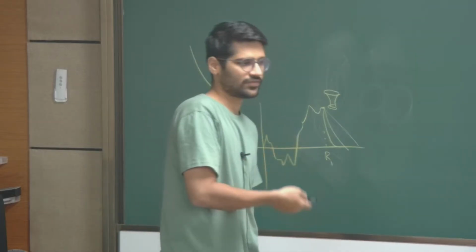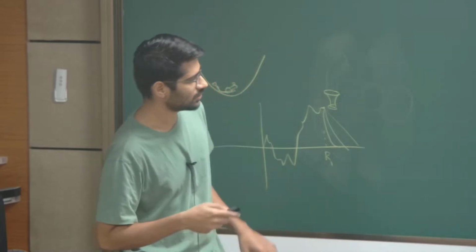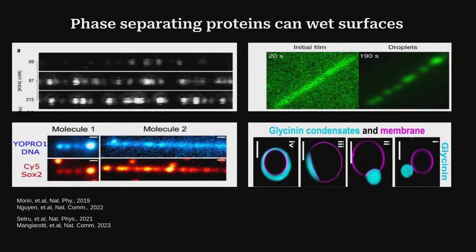Inside cells you have various surfaces such as polymers, membranes, and so on. Again, I've just shown a few examples from the recent literature. So you have droplets forming on various surfaces, both inside cells and in vitro. And one thing to remember is that these droplets can also form below the saturation concentration required for bulk phase separation, right?